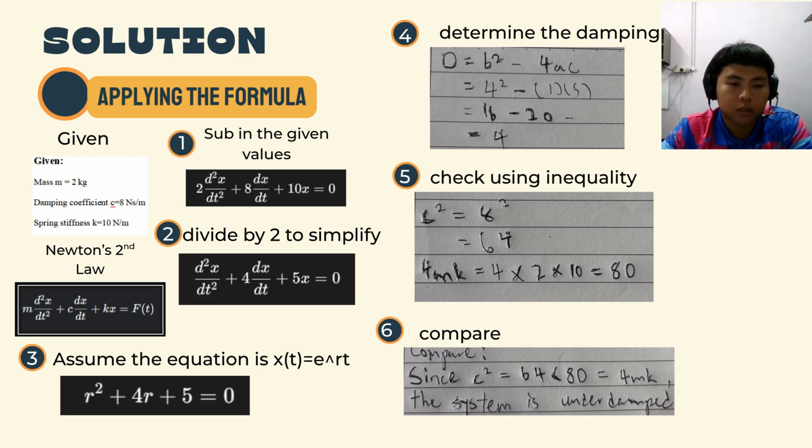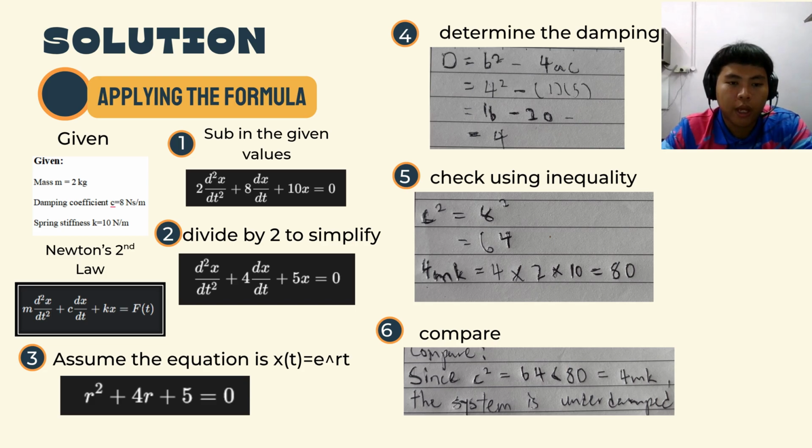So the formula that we use is Newton's second law, which is m d²x/dt² + c dx/dt + kx = F(t). So the first thing we're going to do is sub in the given values.